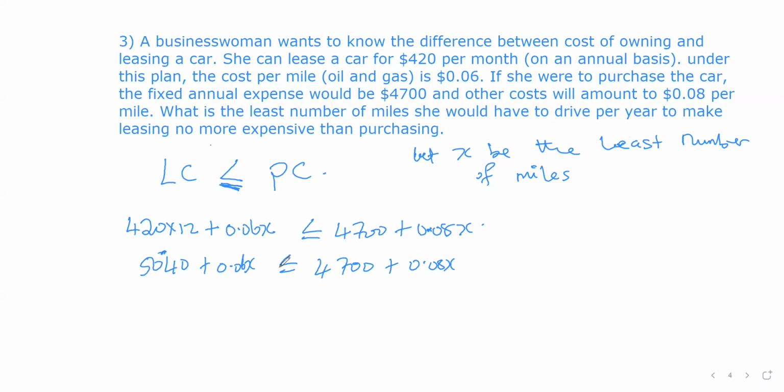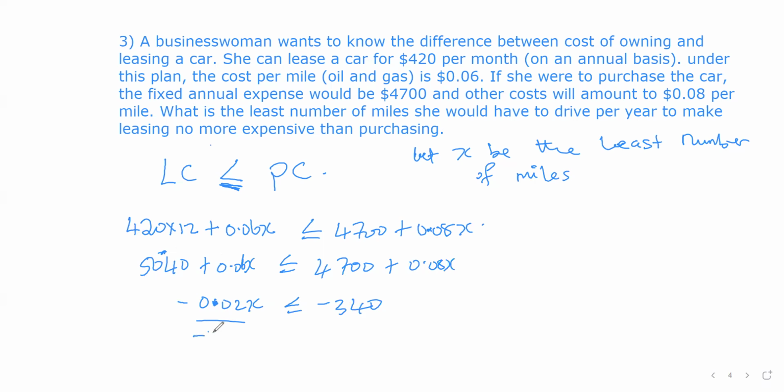All right. So it becomes 0.06 minus 0.08, okay, which is negative 0.02x. I'm collecting like terms now together, is less or equal to, take 5040 to the side, we get 4,700 minus 5040, we get negative 340.